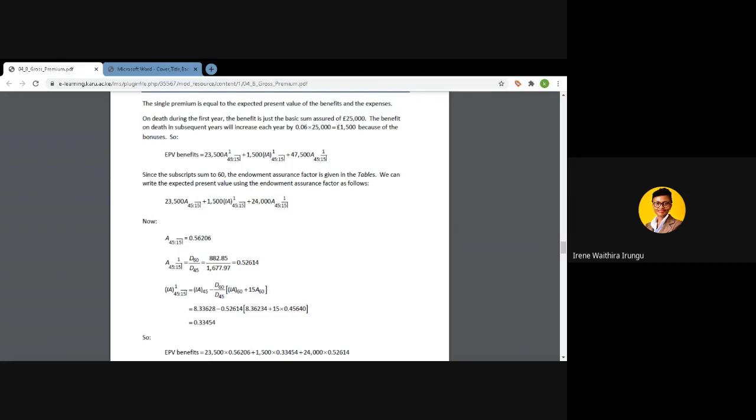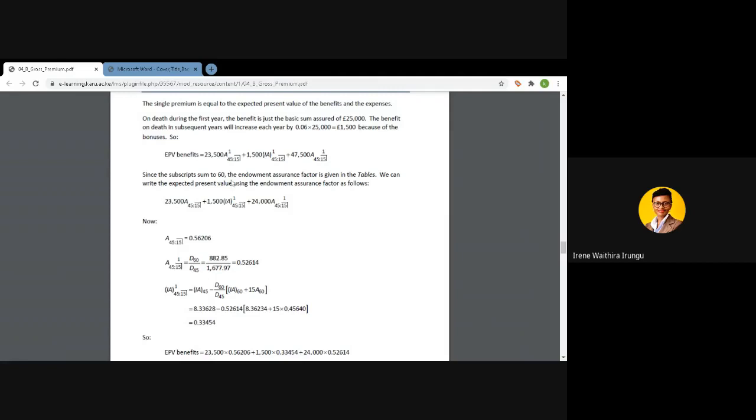It means I can sum the 23,500 A angle 45 15 with the stress on 45 plus the 23,500 A45 angle 15 with the stress on 15, so that those two, once I combine them, will correspond to 23,500 with the endowment assurance mean present value.